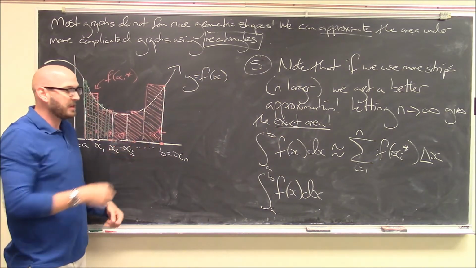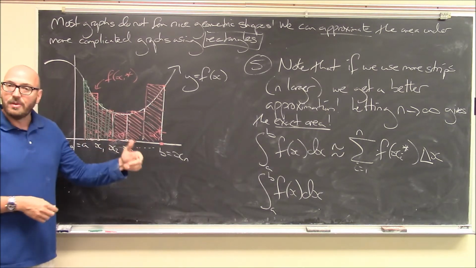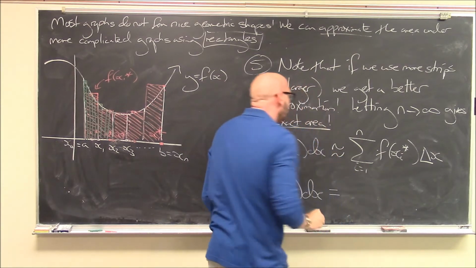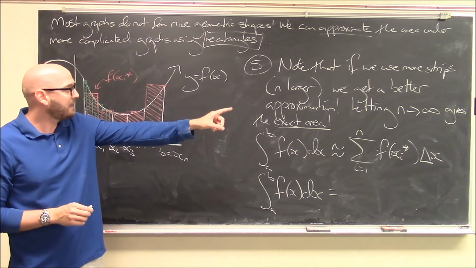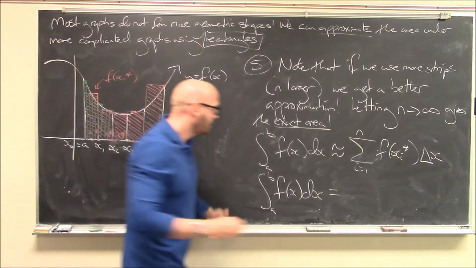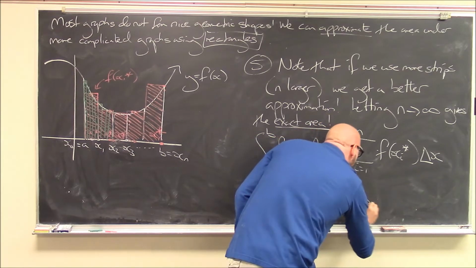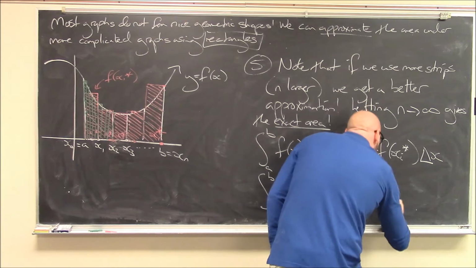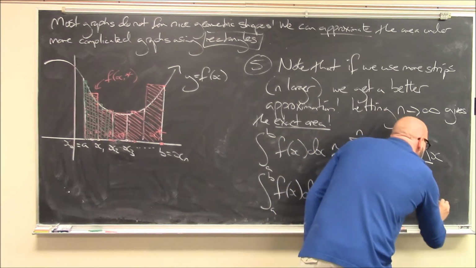As you let n get bigger and bigger, with more and more approximating rectangles, you get better and better approximations. So the exact area is actually equal to, if I want n to go to infinity, we can handle that, we can take the limit. This will be the limit as n goes to infinity of this expression right here, the sum of the areas of all of the approximating rectangles.